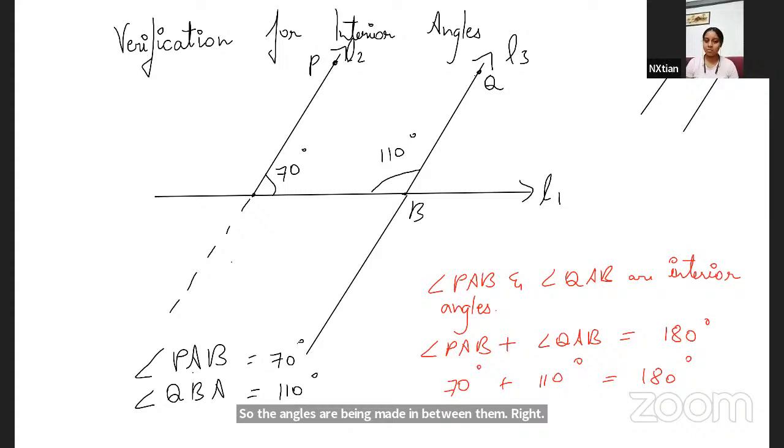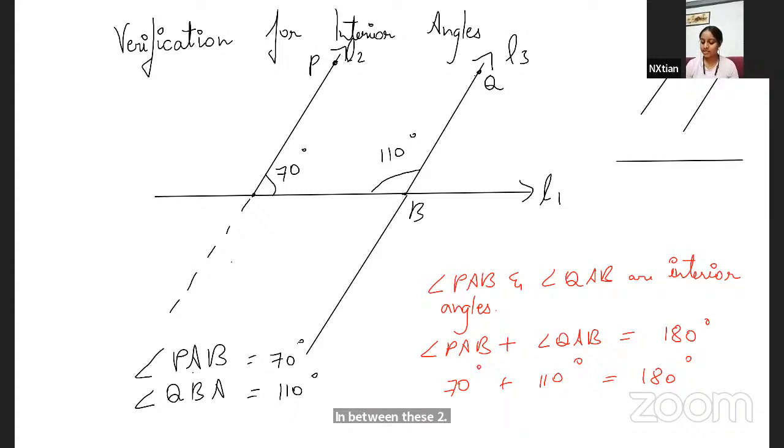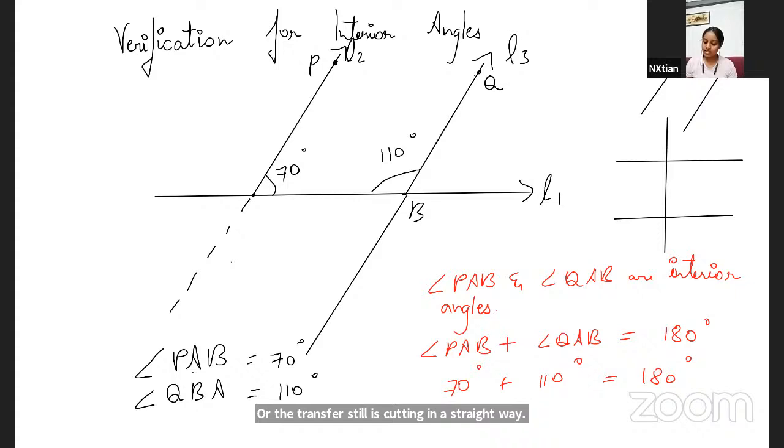If the lines are like this and the transversal is cutting like this, then the angles inside are the interior angles. If the transversal is cutting in a straight line, then the interior angles will be the angles that are in between the parallel lines. Those will be the interior angles.